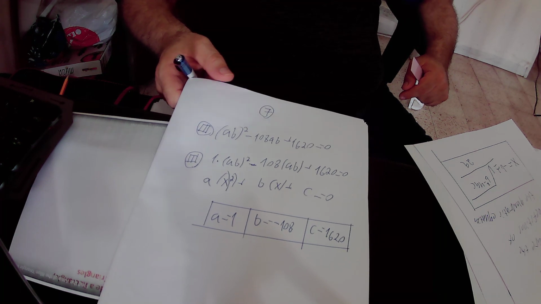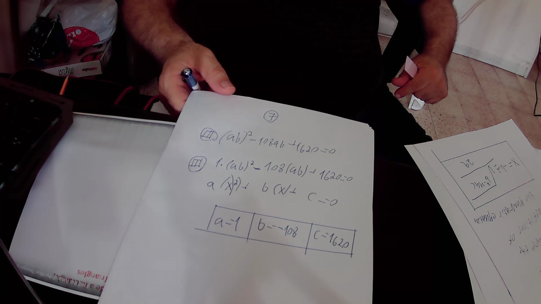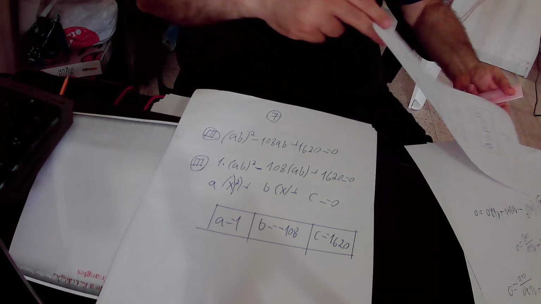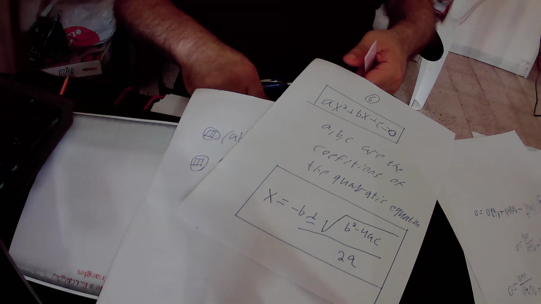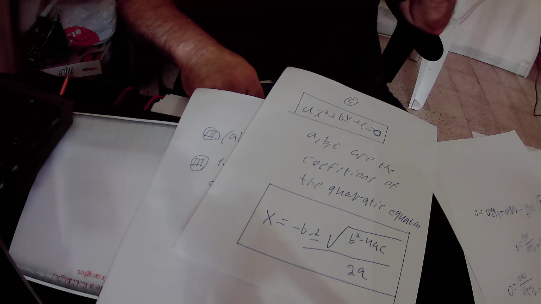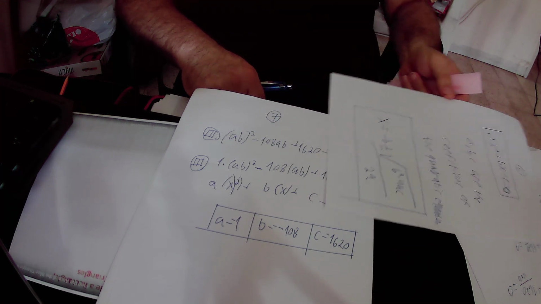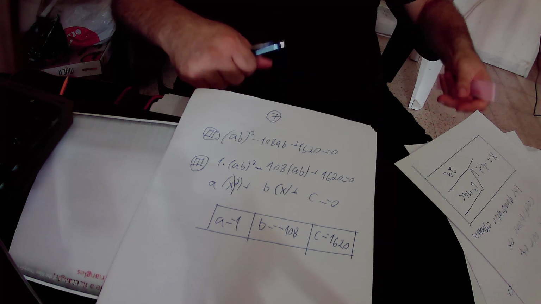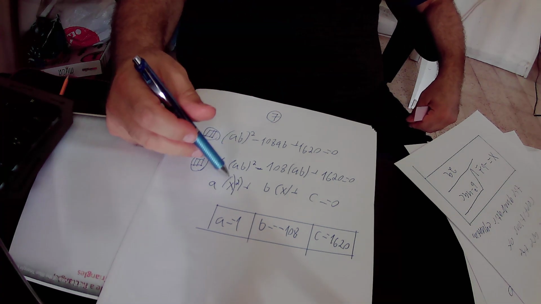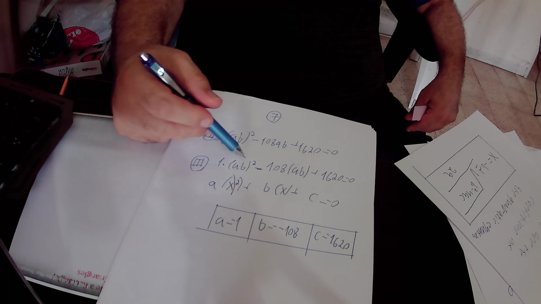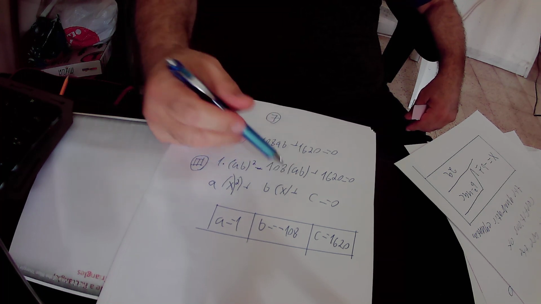So now we will use the equation for x in order to find what is the value of x. So in our example, as you can see here, x equals to AB.